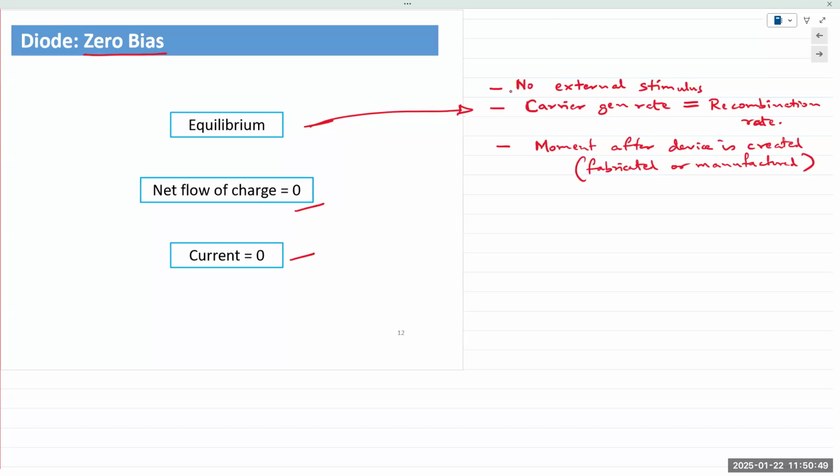Okay. And so current is equal to 0. So the depletion region width exists right now just due to the amount of doping and the type of material that we are using.